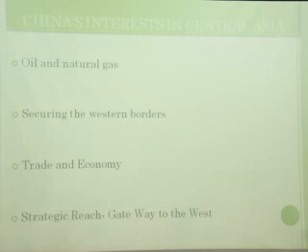Coming on to China's interest in Central Asia, first is oil and natural gas, which, as you all know, is a major factor when China considers its relations with other nations, especially when China is increasingly trying to diversify its oil and natural gas resources, because it has now realized that relying on only one or two sources like Middle Eastern oil can make its oil supplies really vulnerable.